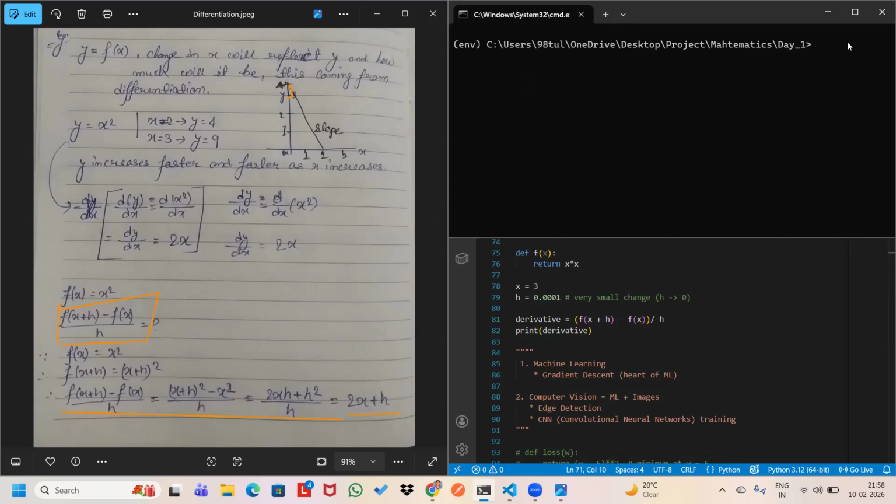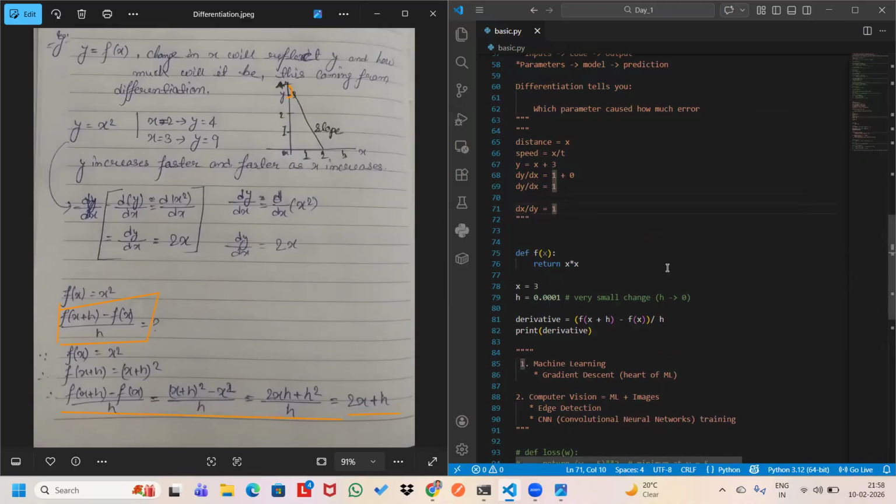So if I go for Python, you got the value as 6.000000120, like this. Don't go to the program first; let's talk about this one. You know that we have x equals 3.